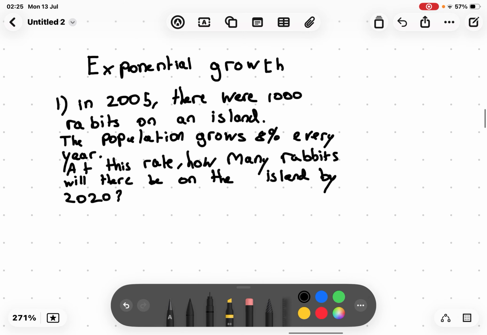So the formula that we use for exponential growth is this, where A is the initial number and b is the increase rate, basically 1 plus the rate, every year, and x is the time.